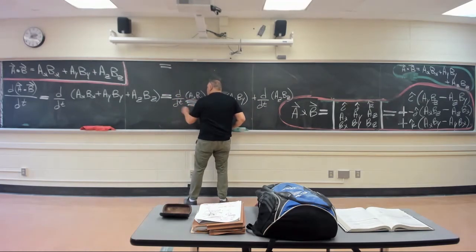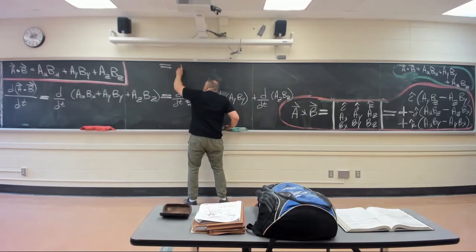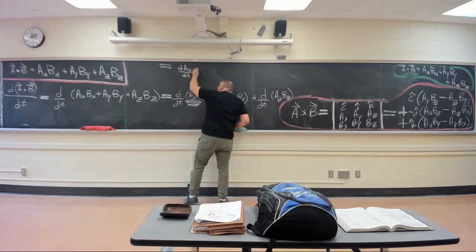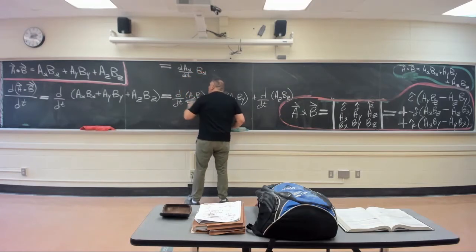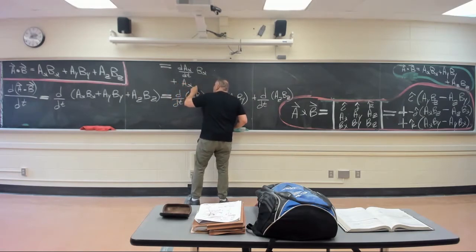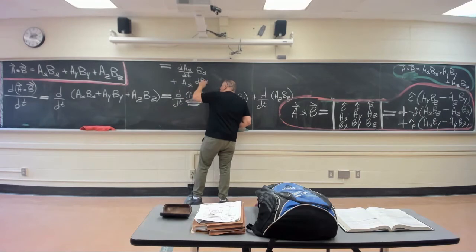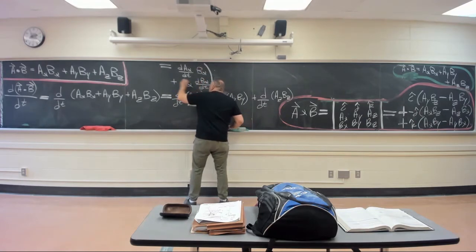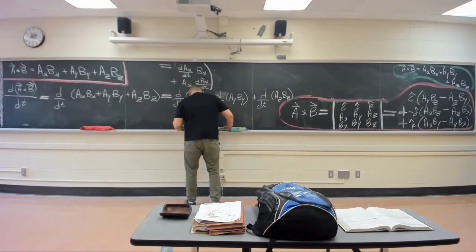By the product rule, the derivative of the product Ax Bx with respect to time is dAx/dt times Bx, plus Ax dBx/dt. That's the product rule for just one place here.